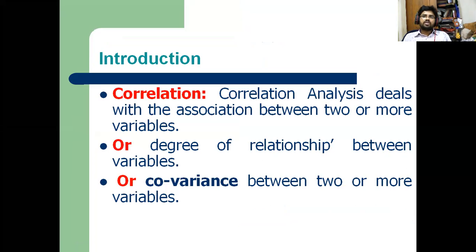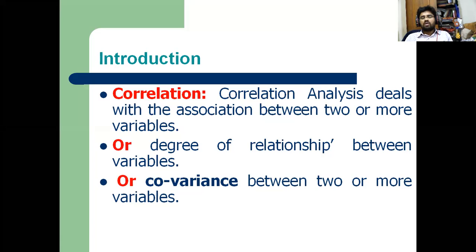Or sometimes they will ask about covariance, which is nothing but the correlation between two or more variables, covariance of x1 comma x2. That is called correlation between two variables, and you can also call it covariance, right?